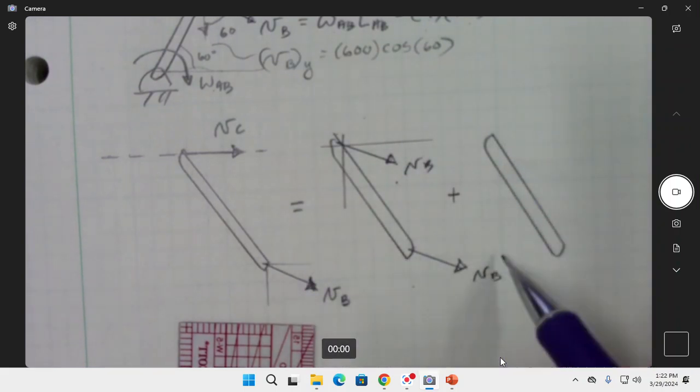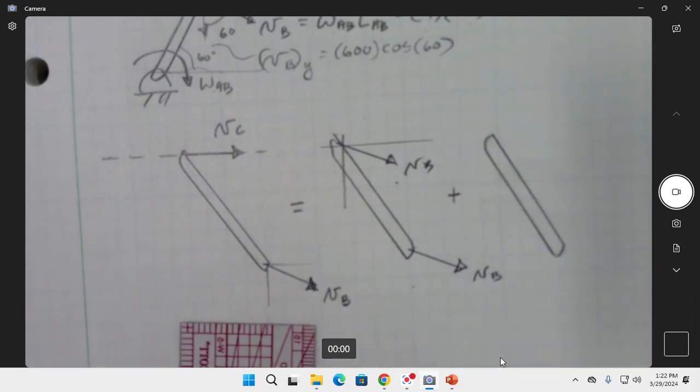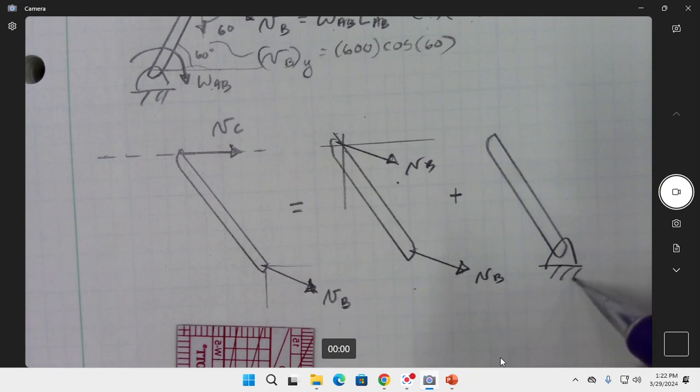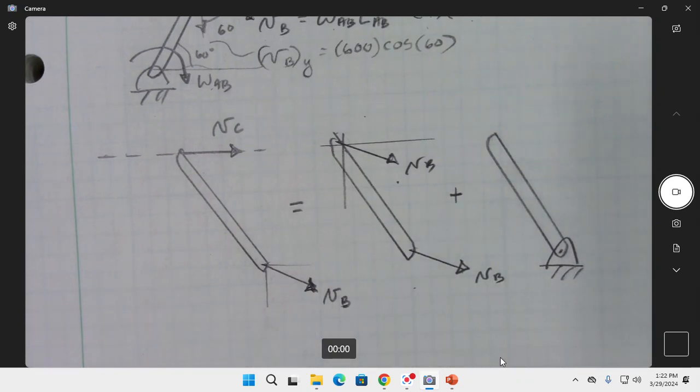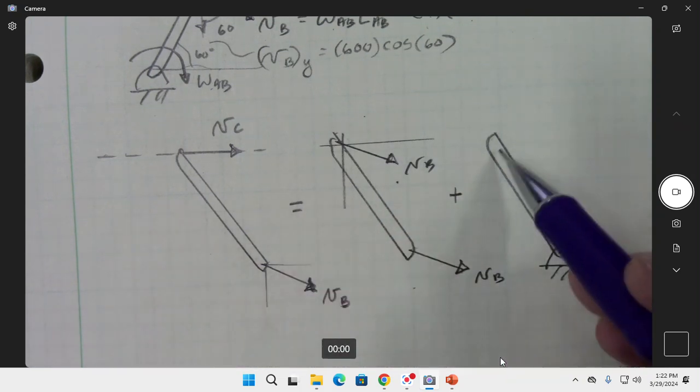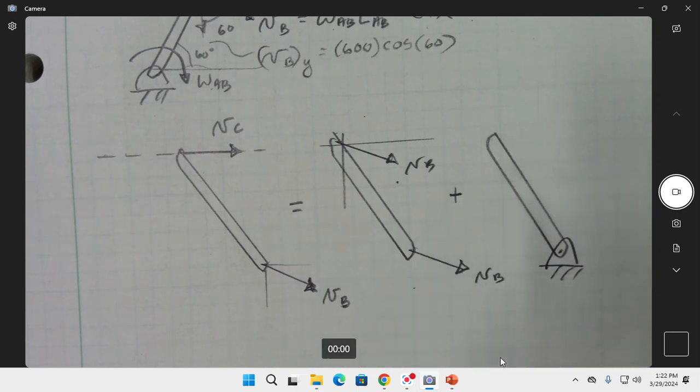And because the VB was the reference one, we're going to pin there, and now we're going to be in pure rotation. So this is the pure translation, this is the pure rotation. So this is going to be the relative velocity one. That's where it gets its name, the relative velocity method.